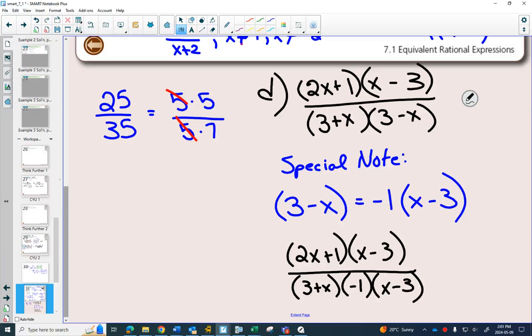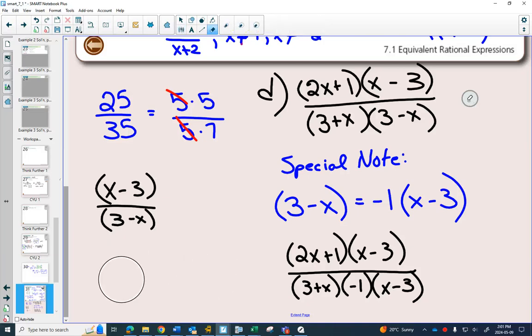Plug in 10. Let's just look at x minus 3 over 3 minus x. If x is 10, can you see that I would get 7 over negative 7, which is equal to negative 1? Okay? Plug in 23. 23 minus 3 would be 20. 3 minus 23 would be negative 20.